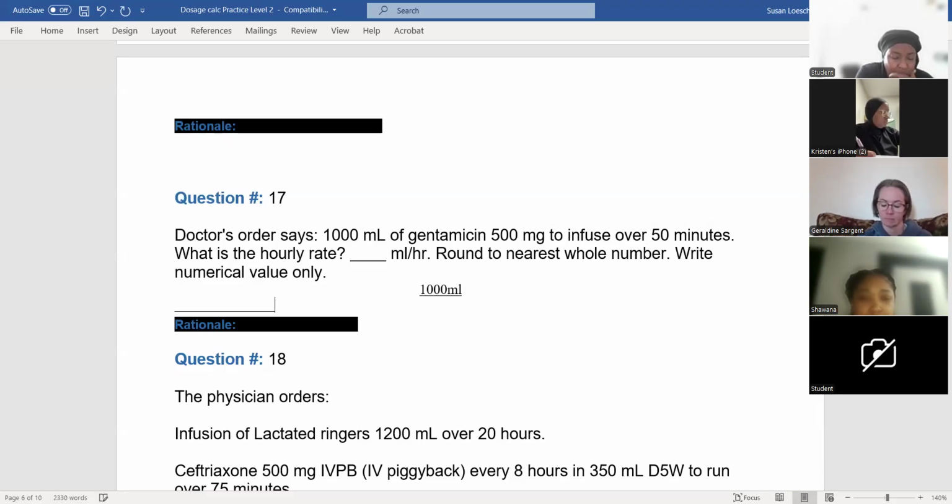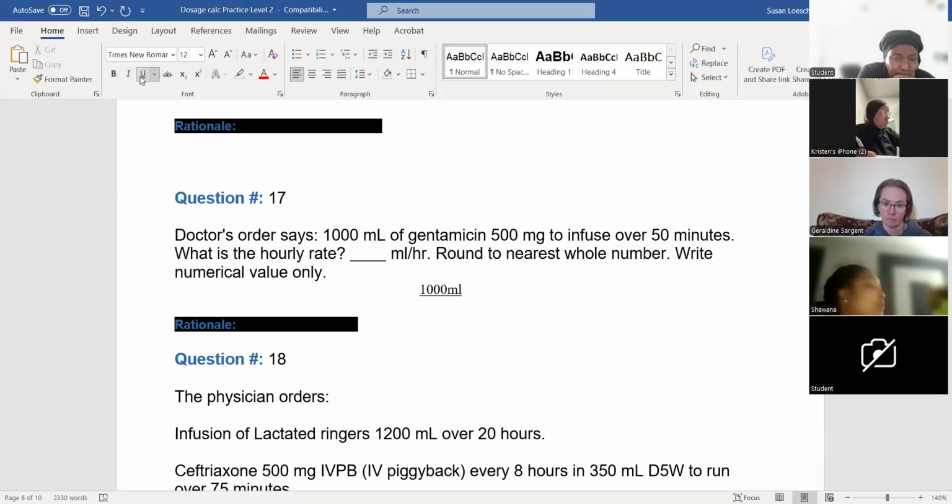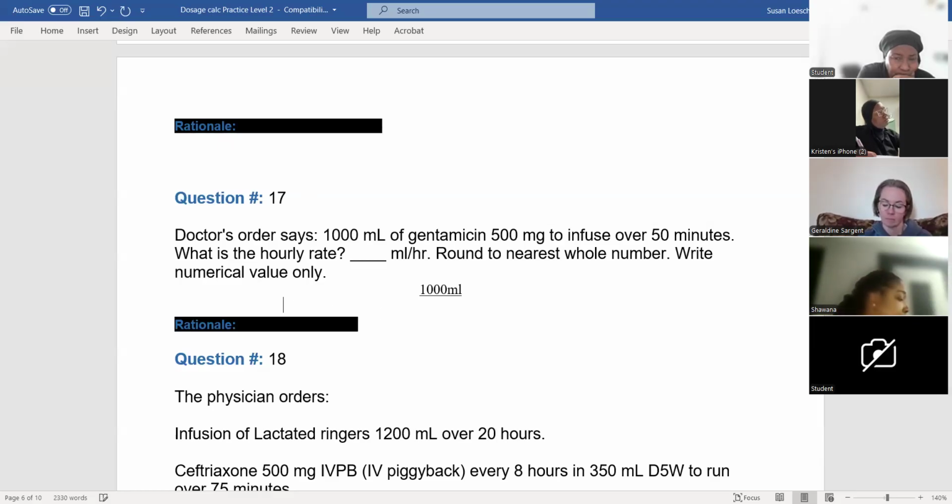Because I can't get to mLs per hour if my time is in minutes without converting. Remember that, or you'll get these wrong. All right. So we have 50 minutes. How would we convert that to an hour? Will we divide that by 60?